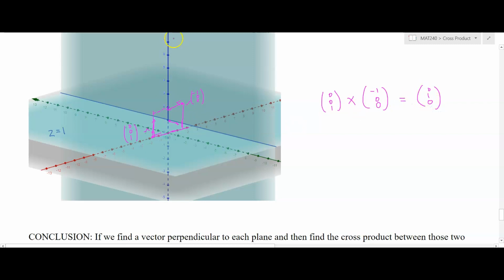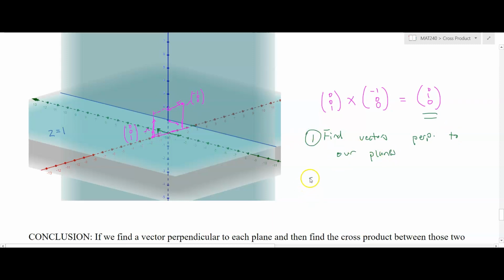And 0, 1, 0, if we think about where that points, directly in only the y direction. Points this way. 0, 1, 0, it points out along, and we can clearly see that that's parallel to that line of intersection. So the strategy is to find vectors perpendicular to our planes.